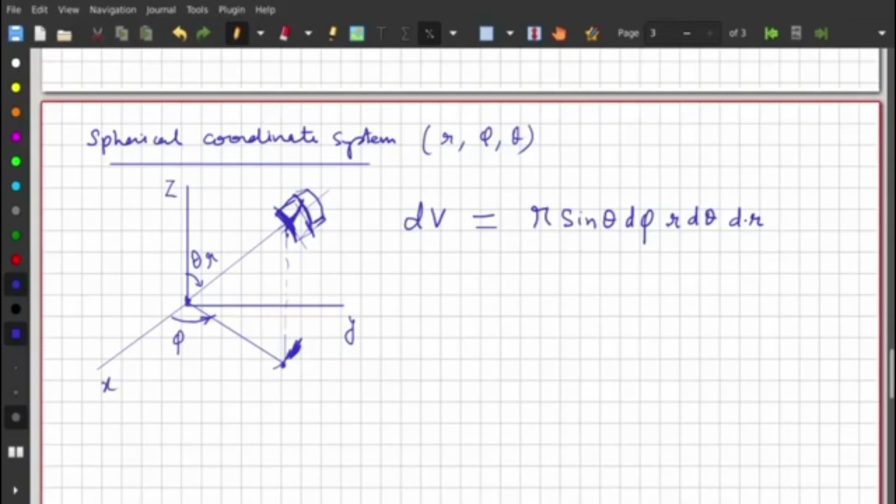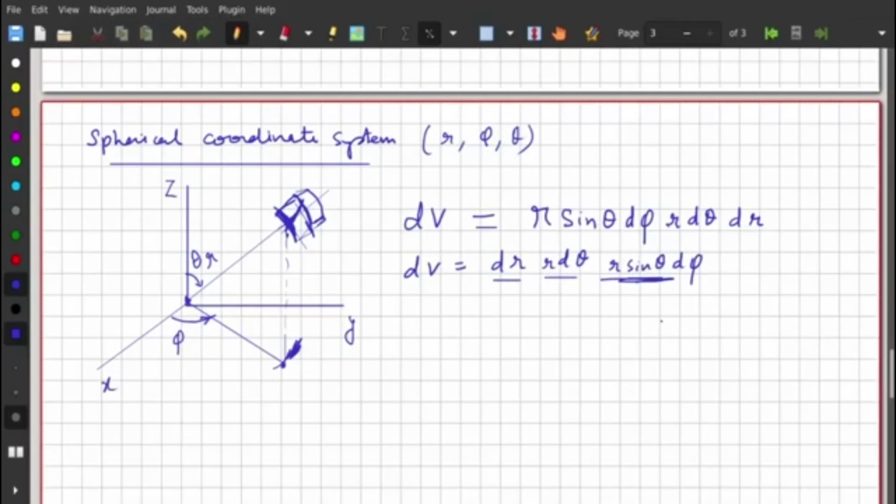Let me write it in a better way. So dV is dr, r d theta, and r sine theta d phi. These are the three directionalities, if you wish: the radial, the zenith, and the azimuthal direction. That's the volume element in the spherical coordinate system.